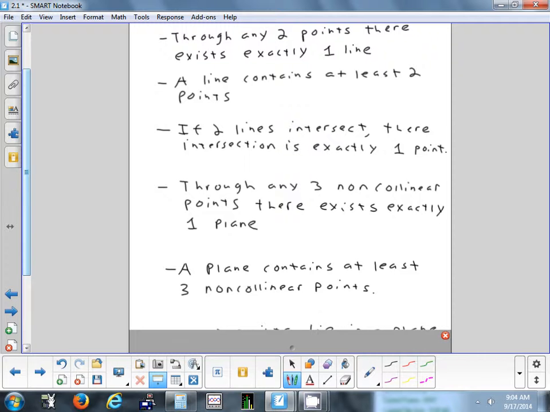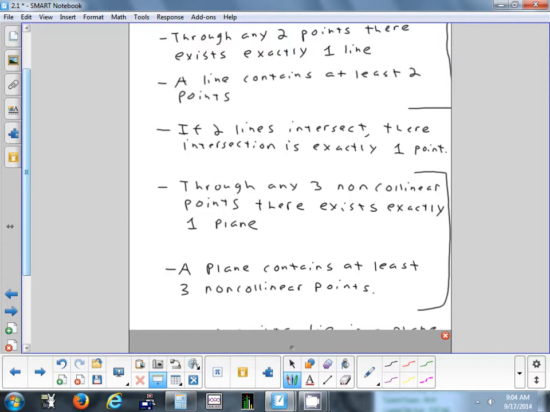You might notice a similarity between these two and the first two. Does anybody see the relationship between, through any 3 non-collinear points, there exists one plane, and, a plane contains at least 3 non-collinear points? They're almost like the converses of each other.